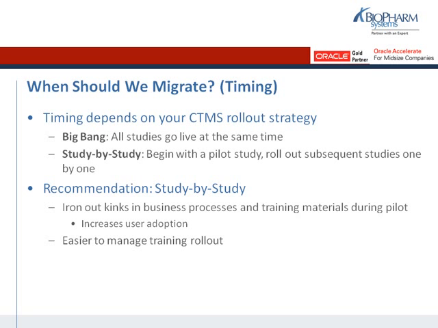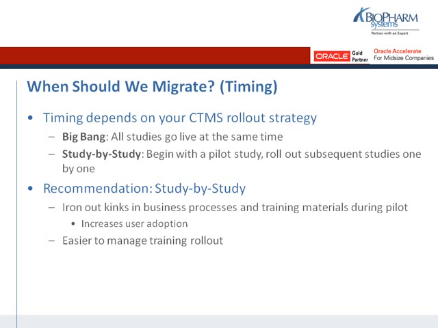Where we've seen great success, especially in larger organizations, is a phased study-by-study joint training and migration rollout. This allows the organizations to work out any minor issues in process, and also increases user adoption overall. This is, in some cases, easier to manage as well, since you're training and rolling out smaller groups at a time.